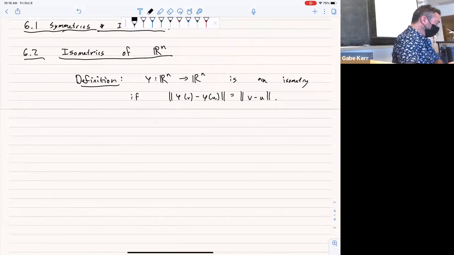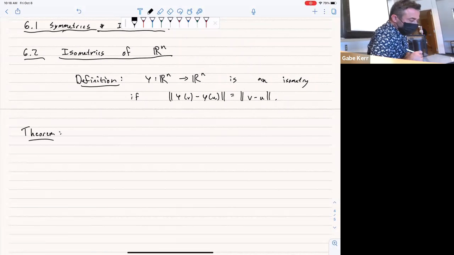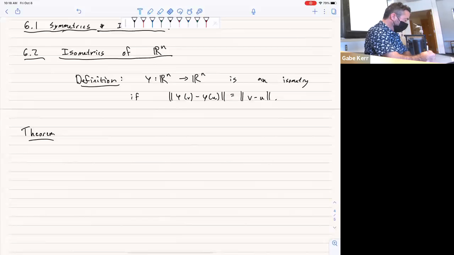So we want to study these isometries, and let me just state the theorem, and I'll have to wait till next time to prove it, I think. This is theorem 6.23.